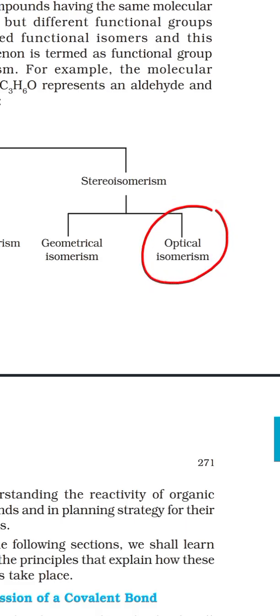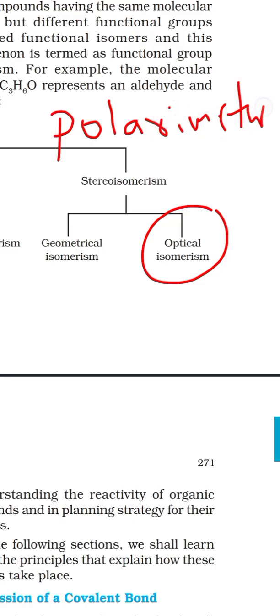Now let us see what optical isomerism is. Optical isomerism means we have a machine called a polarimeter. Remember the polarimeter, a machine.